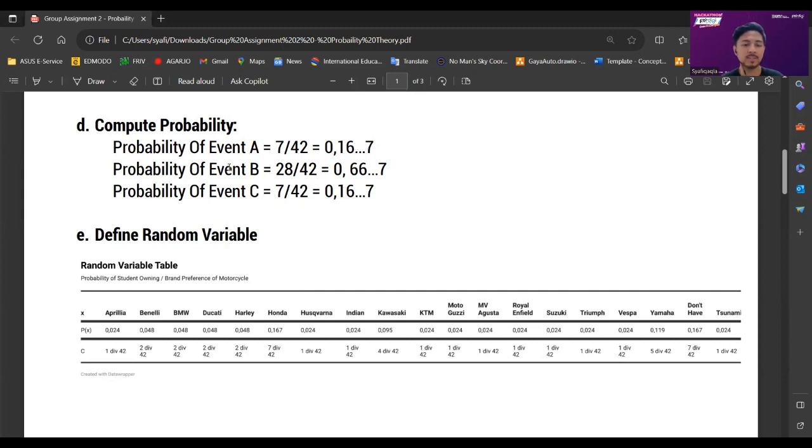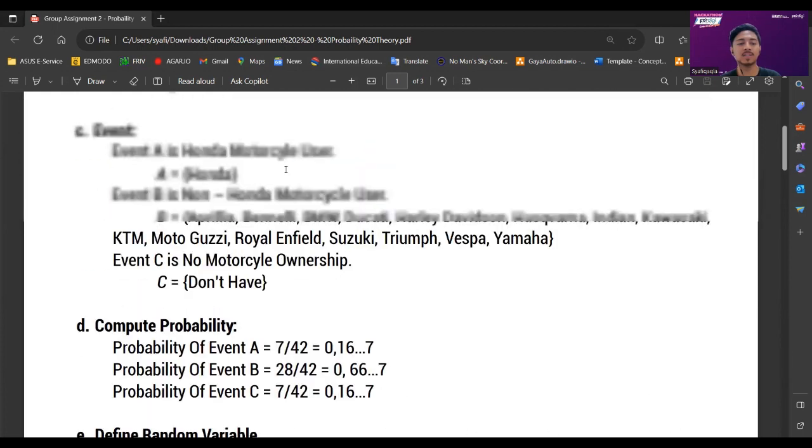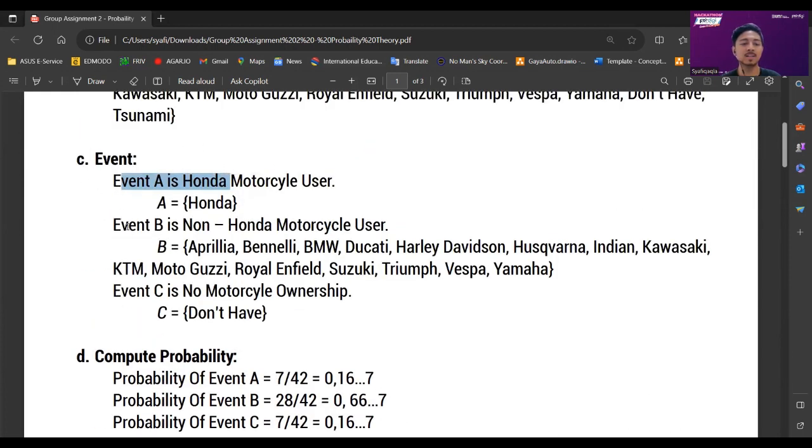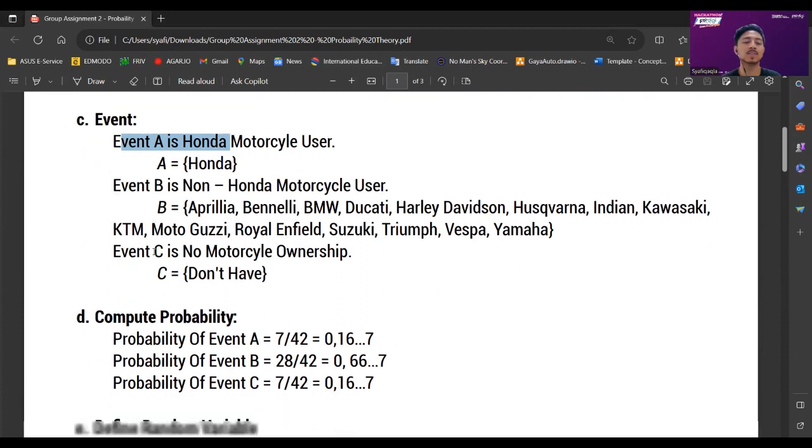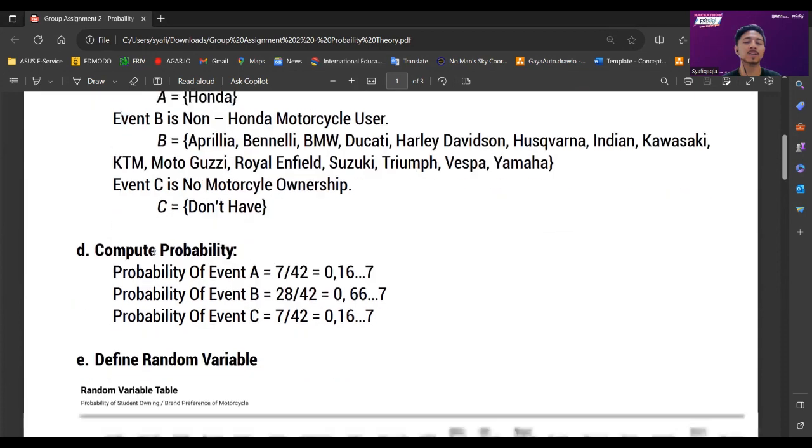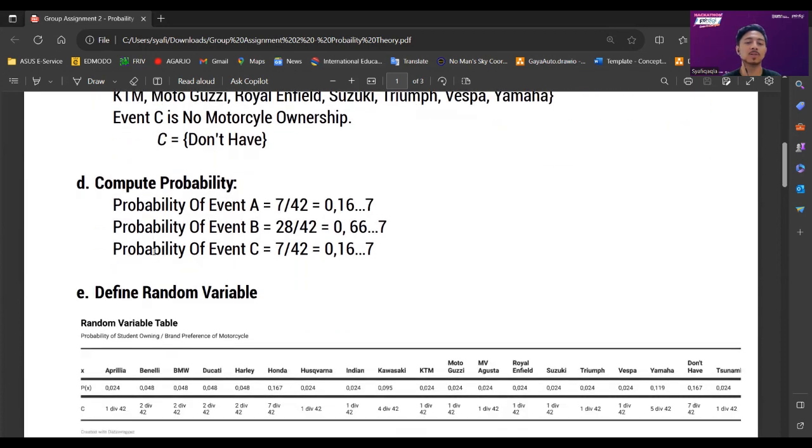For the probability of event B, as you can see in part C, B is a non-Honda motorcycle user, which is equal to 28 over 42, so it will be equal to 0.667.